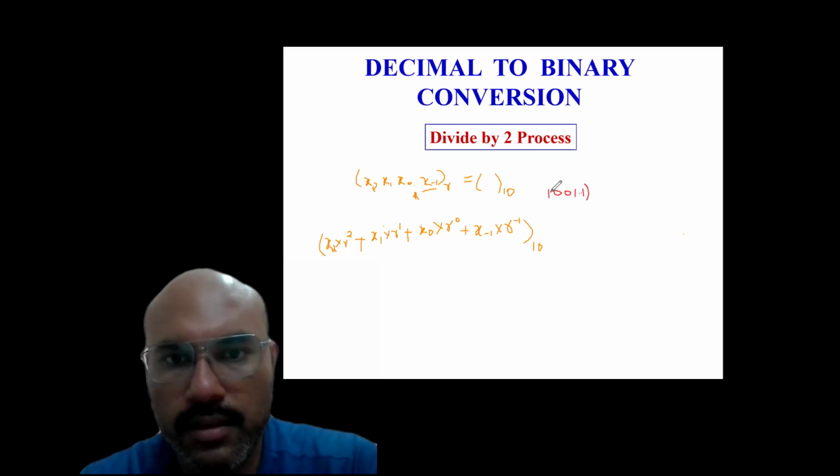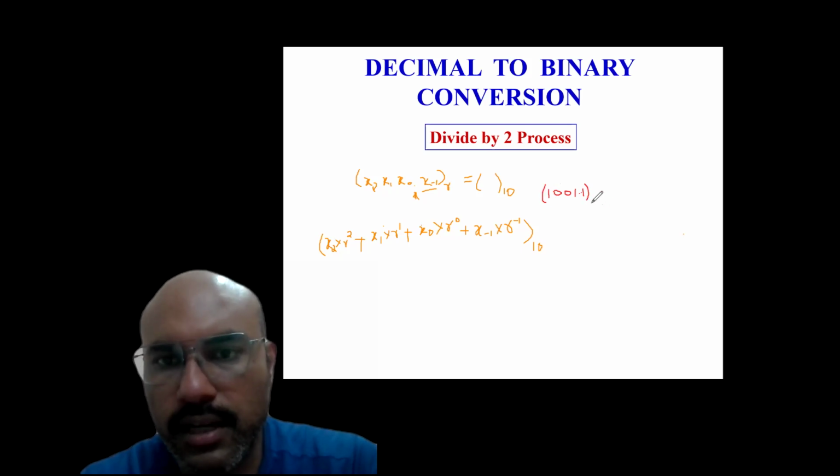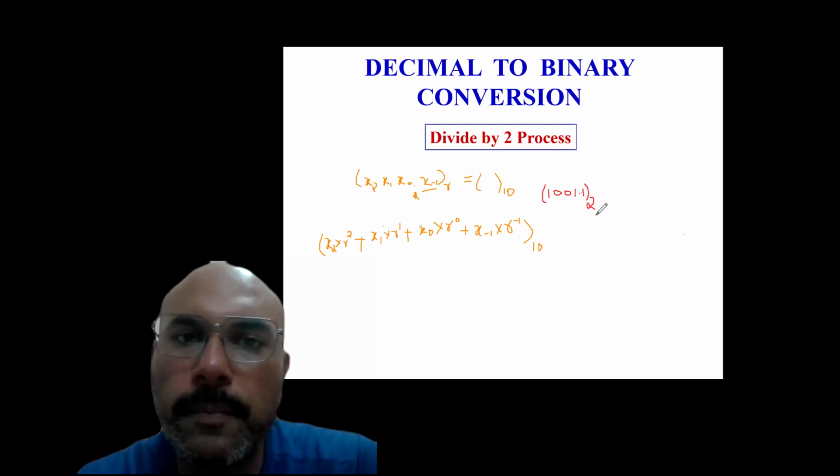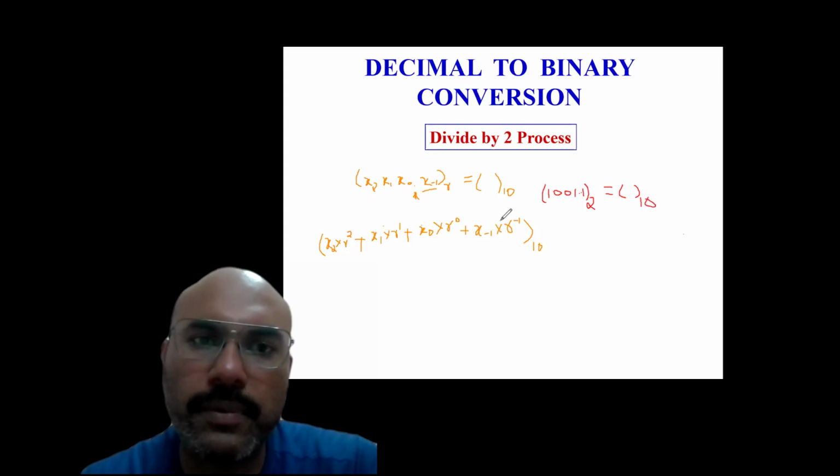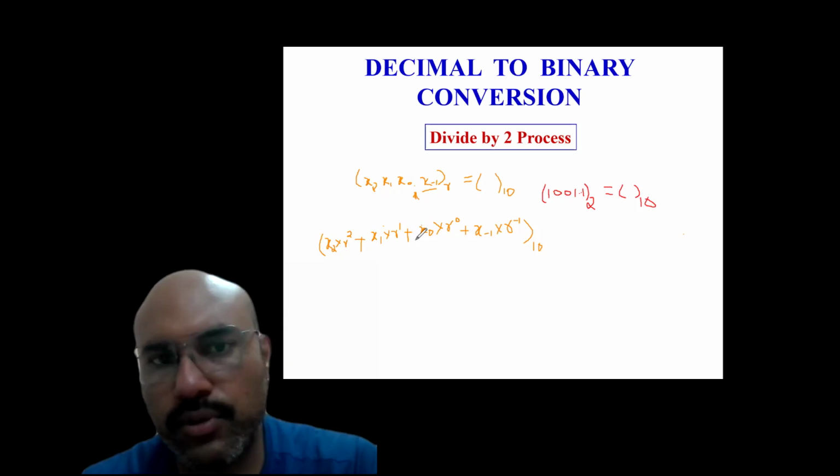So this is a binary number. Now you need to convert this binary number into decimal. Either you can use the place value concept or you can use this formula. With this formula, you can directly convert any number system into decimal, or you can use the concept of place value also.